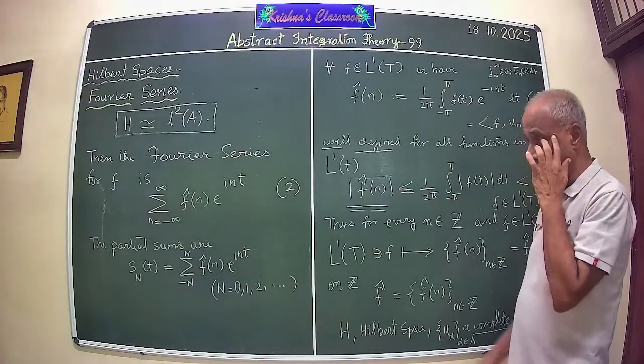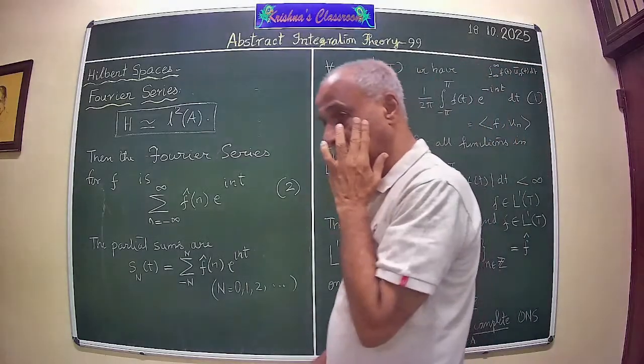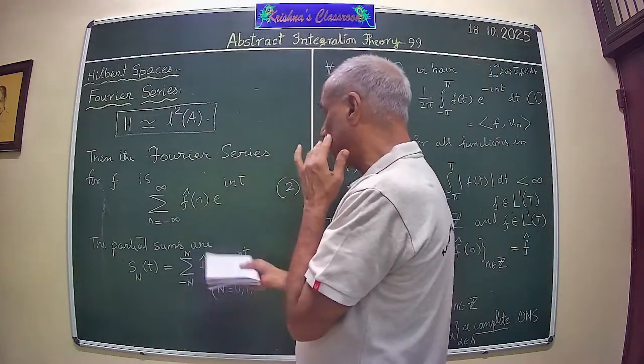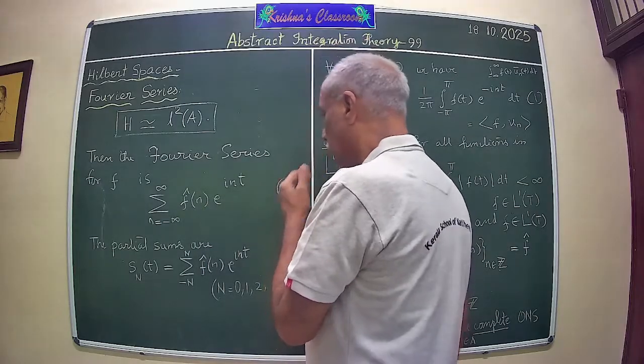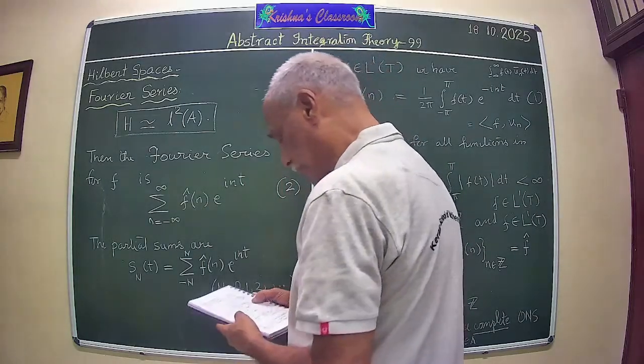Okay, now we say how from these partial sums you get hold of a function, the limiting process.